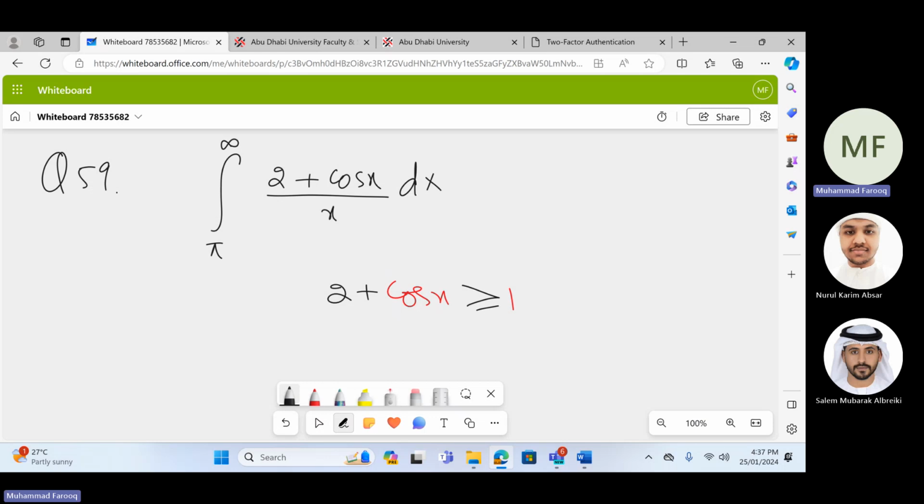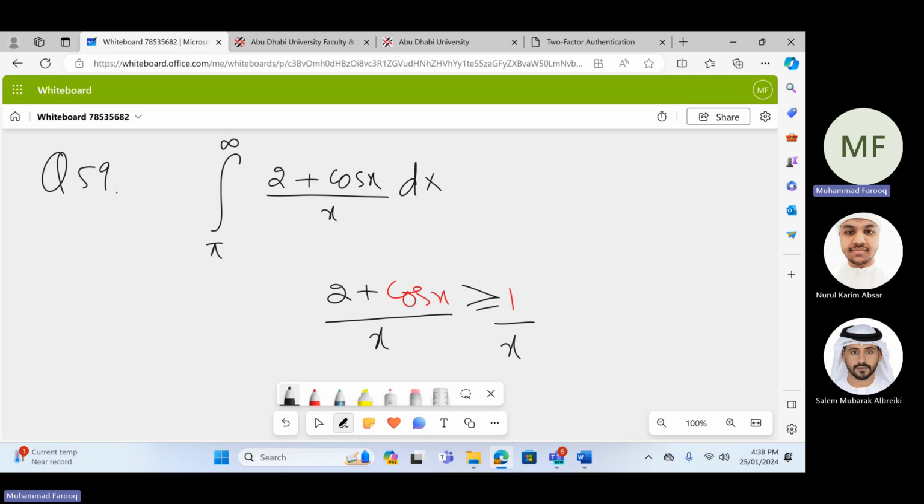In the question, 2 plus cosine x is divided by what? x. Okay, so now understand: if I divide by x here and at the same time divide by x here, does any change happen? No. Why do we choose x?